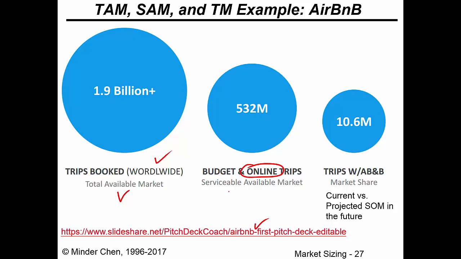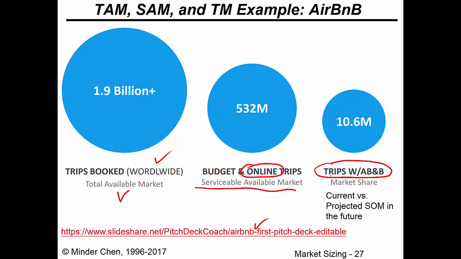So in this case, it's a smaller segment of the TAM, which ends up to be about a quarter of the TAM. So it's about $532 million. Still not too bad. And trips with Airbnb.